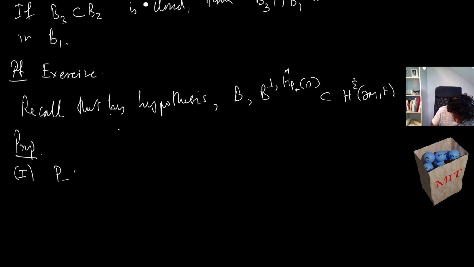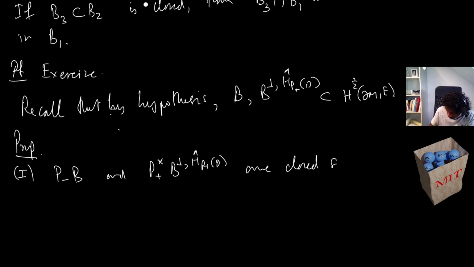So the first thing is that P minus B, so the negative spectral projector, the complement of the boundary decomposing projector acting on B, and P plus star of B perp, H hat P plus of D, are closed subspaces of H half ∂M.